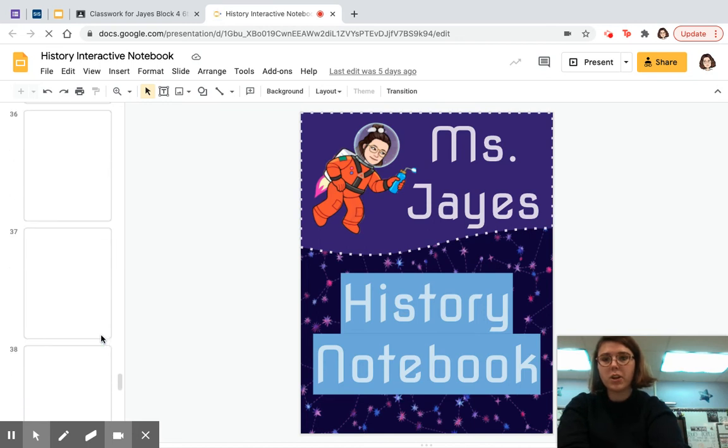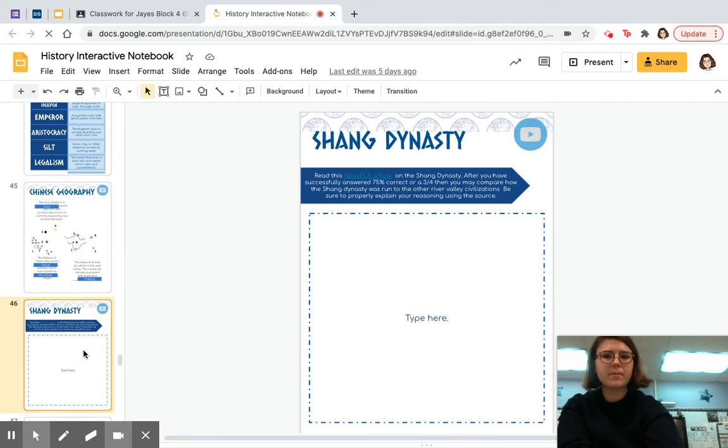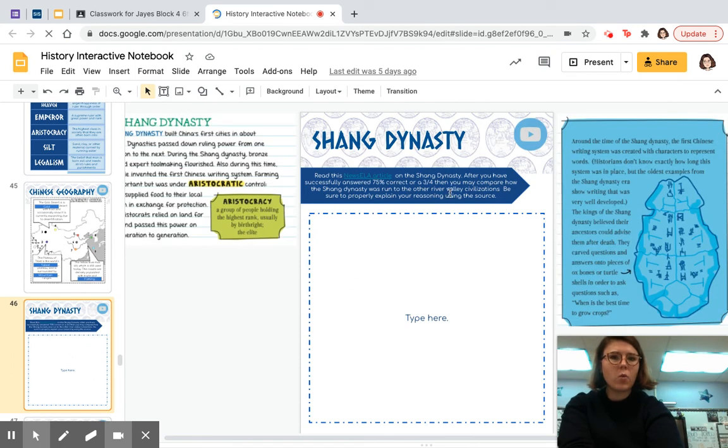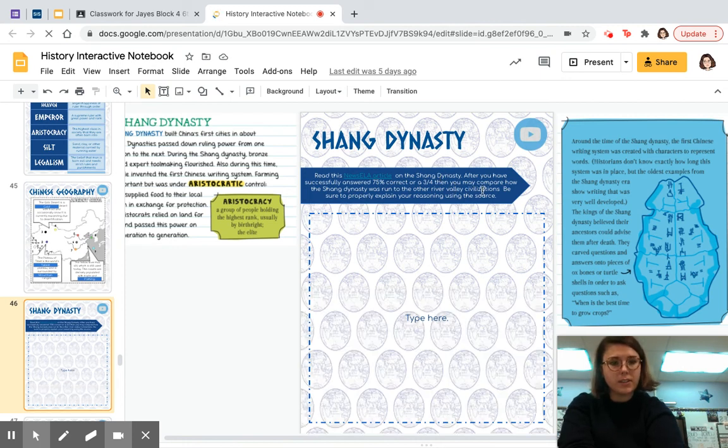The Shang Dynasty will be on page number 46, saying what are some similarities or differences between the Shang Dynasty and other River Valley civilizations. Some examples could be based on the reading how they treat their dead, the class system, the importance of farming, stuff like that.